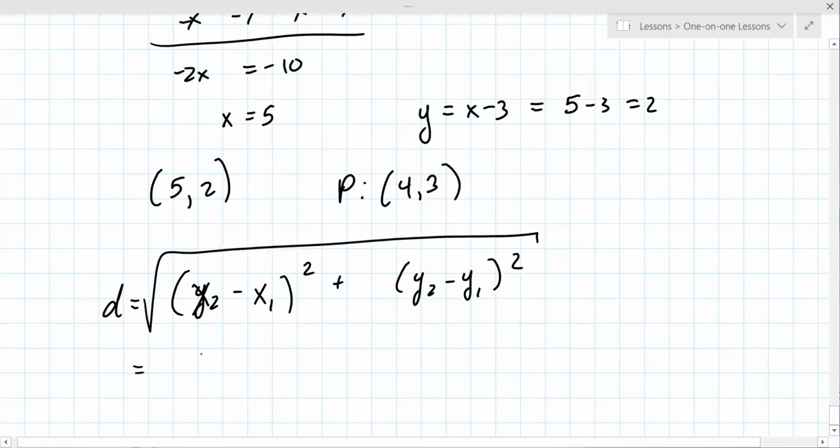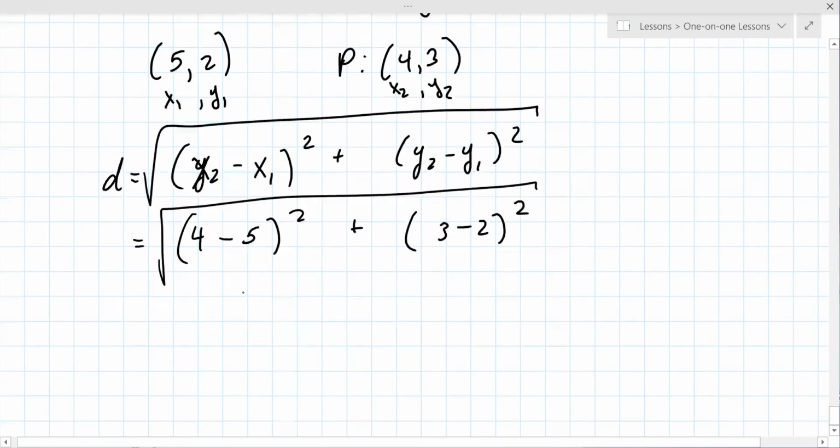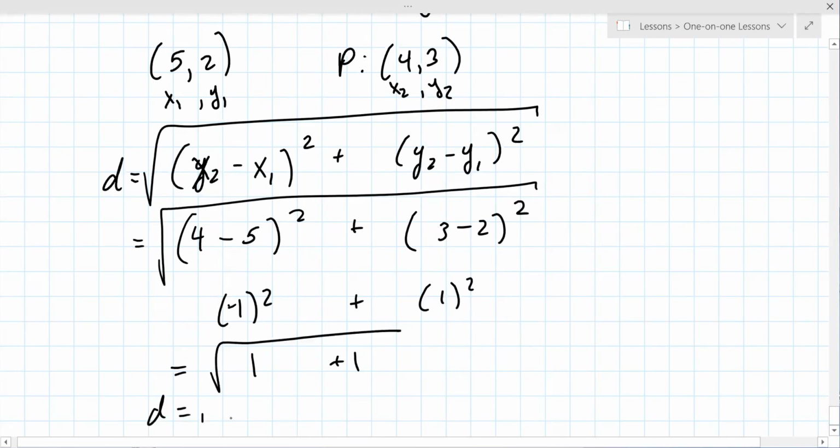So that's 4 minus 5 squared. That's, again, x1, y1, x2, y2. y2 is 3 minus 2 squared, square rooted. So that's negative 1 squared plus 1 squared, 1 plus 1, square root of that. Distance is equal to the square root of 2.